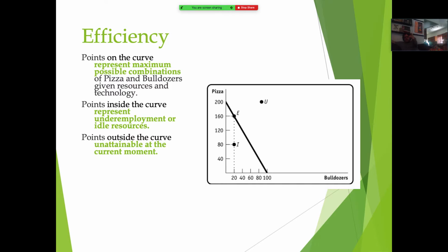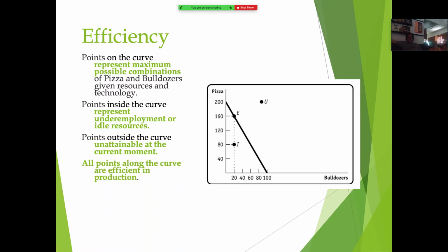But what are they doing? They're producing 100 bulldozers. Scarcity tells us that's not possible. Their resources are limited. Can they get to that point? Eventually they could, and they would like to, and we'll talk about tomorrow in the next couple days ways to get there.